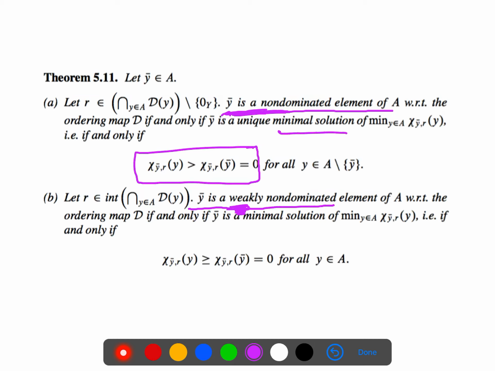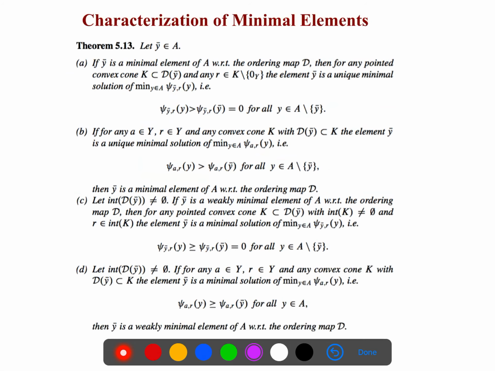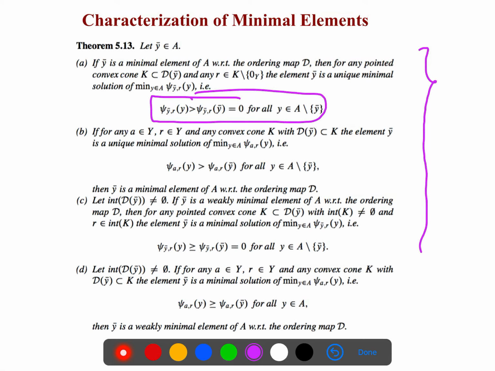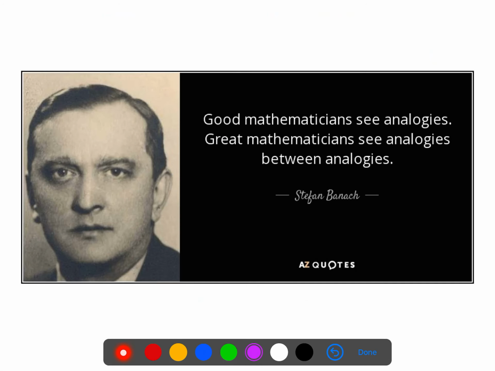So if it is a weakly non-dominated element, then it is a minimal solution as well. In the last lecture, lecture 7, I will show you how you can find those unique minimal solutions just by minimization of this functional psi.